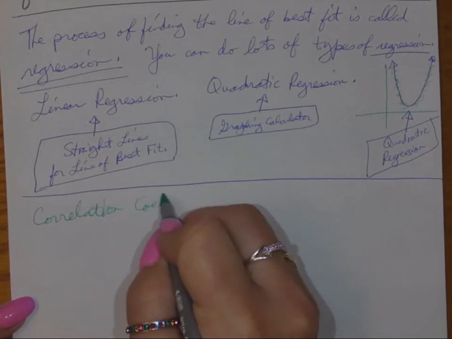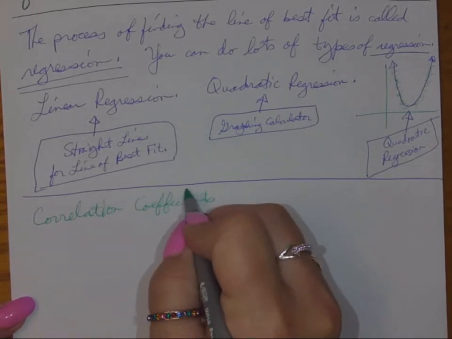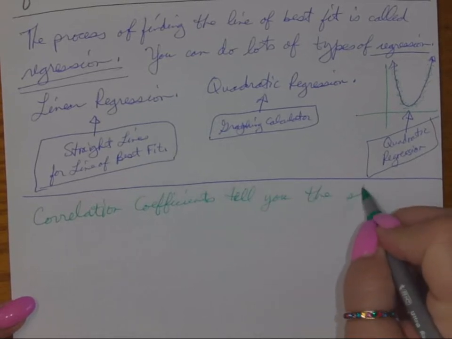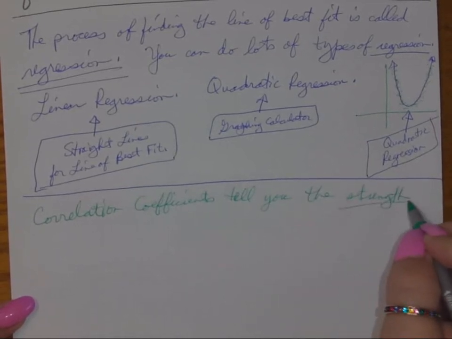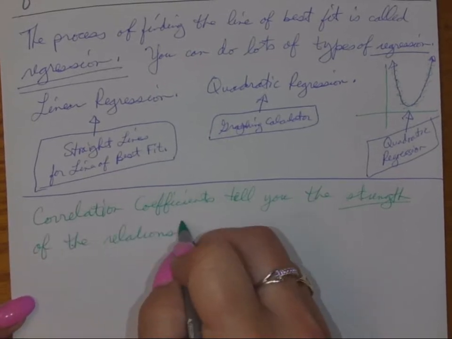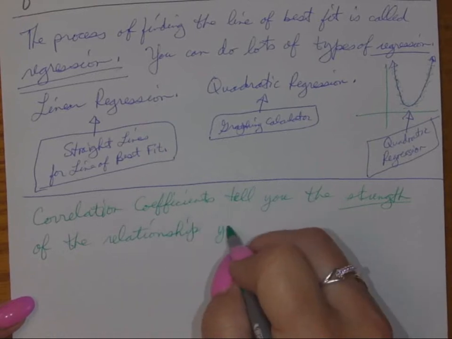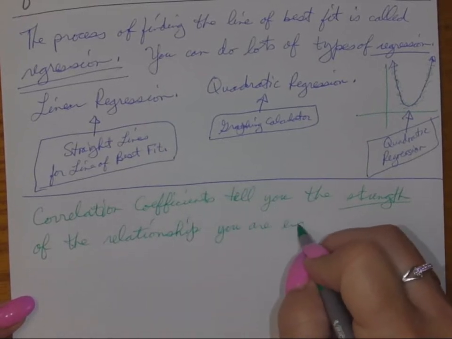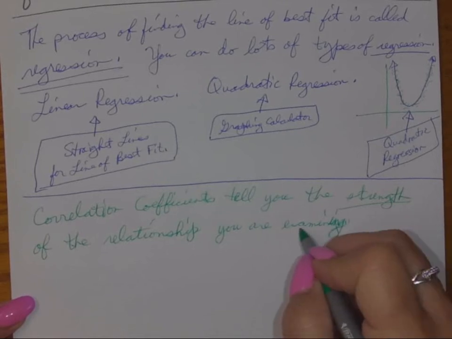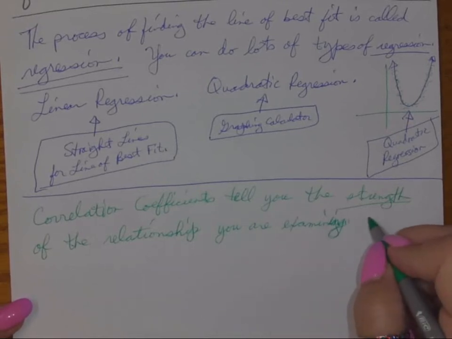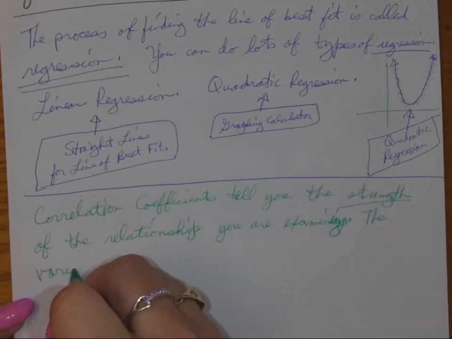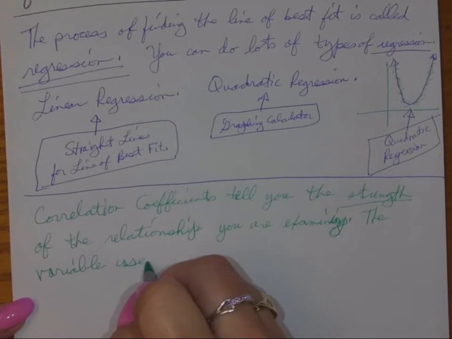Correlation coefficients tell you the strength of the relationship you are examining, where the variable used is r.